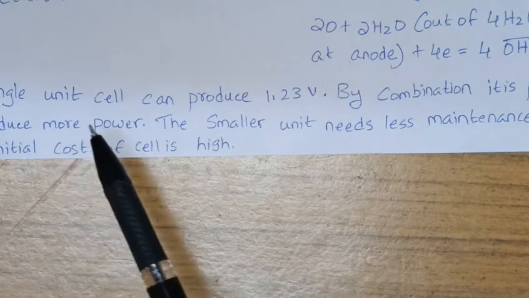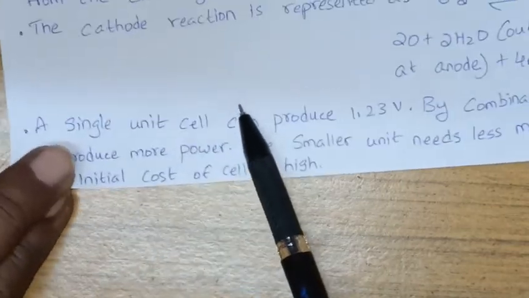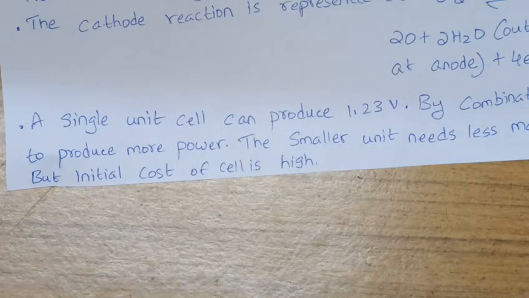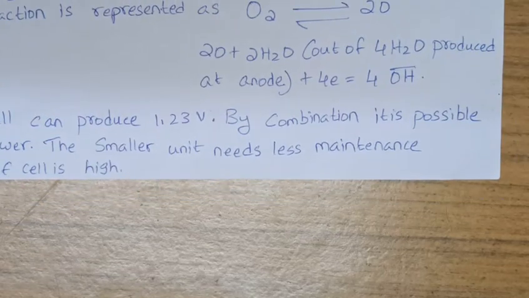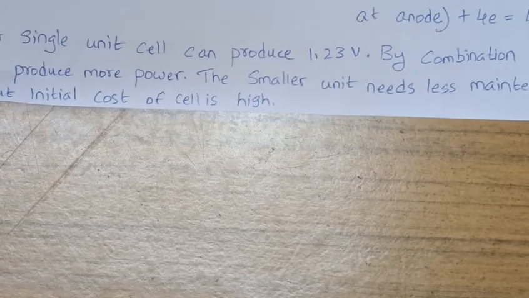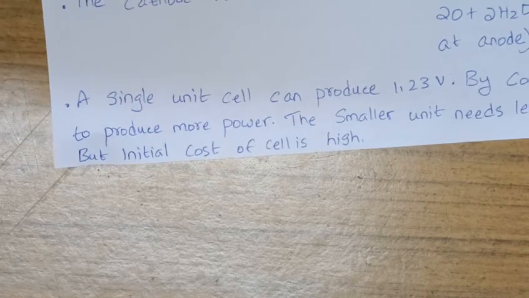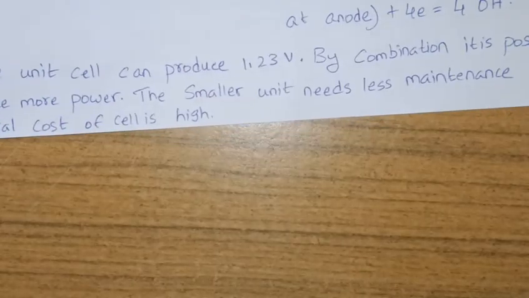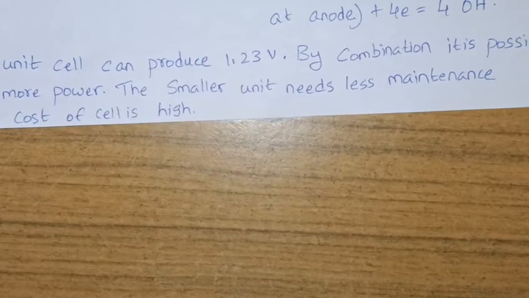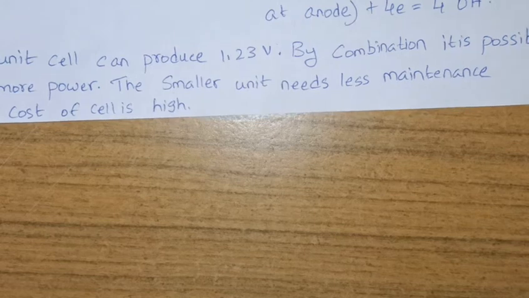Lastly, a single unit cell can produce 1.23 volts. By combination, it is possible to produce more power. The smaller unit needs less maintenance, but the initial cost of the cell is high.